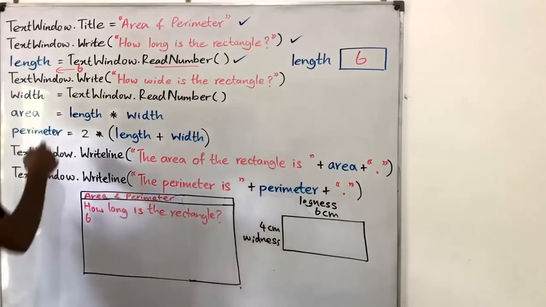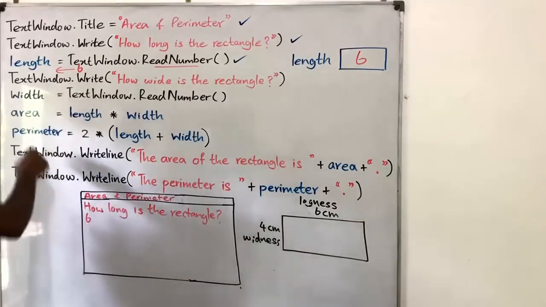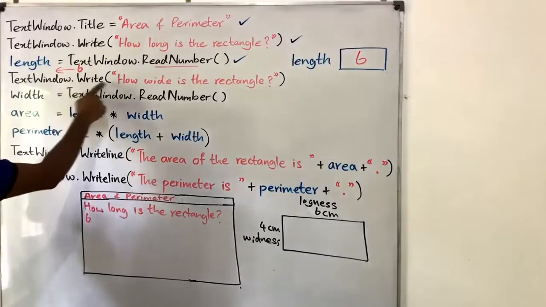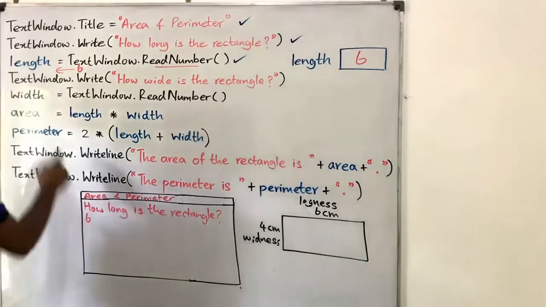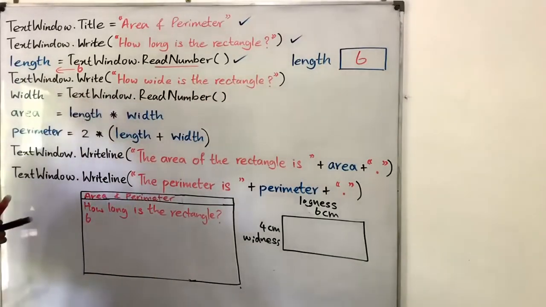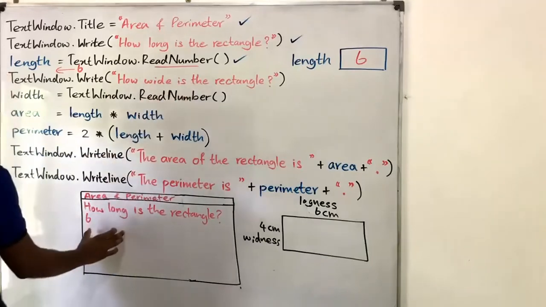So here in the fourth statement, it's text window, write this question. What is the behavior of the write operation? It writes this question in the text window.